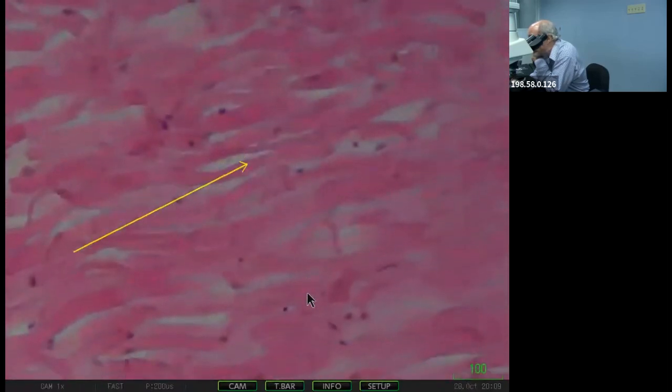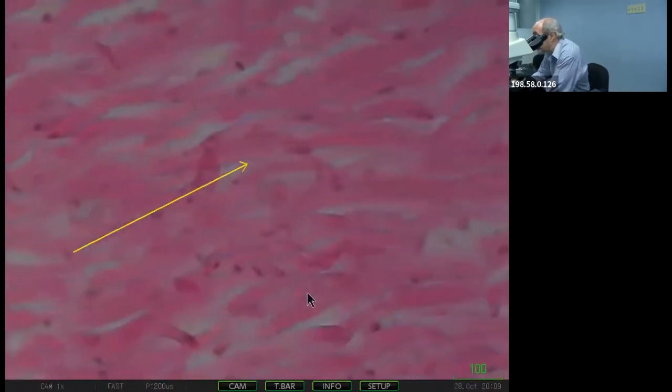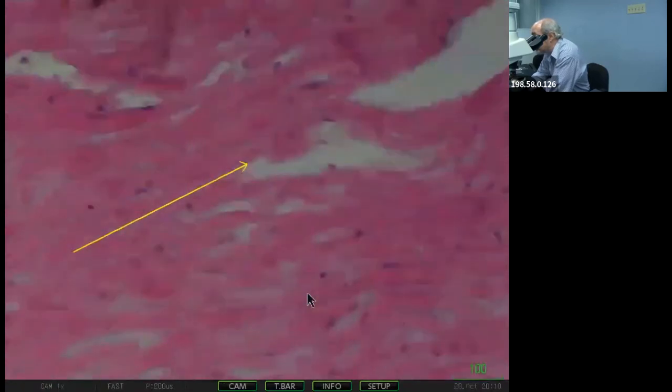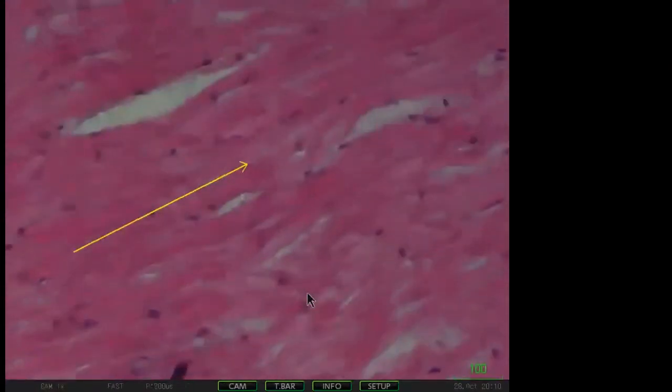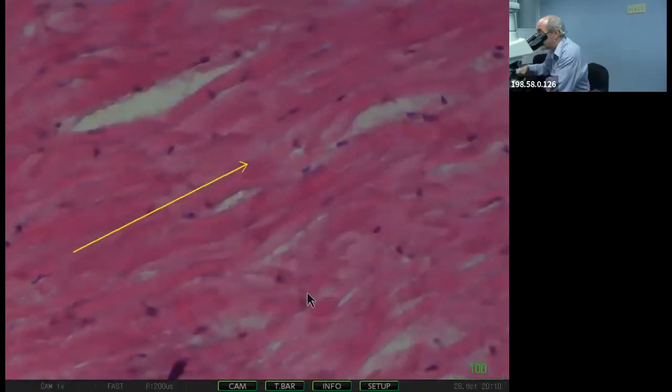Do you see any striations? No. And you see the fibers are aligned in the same direction. So, what could it be? It's not muscle.